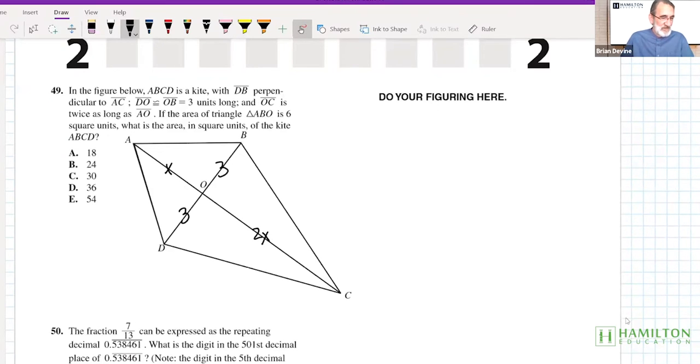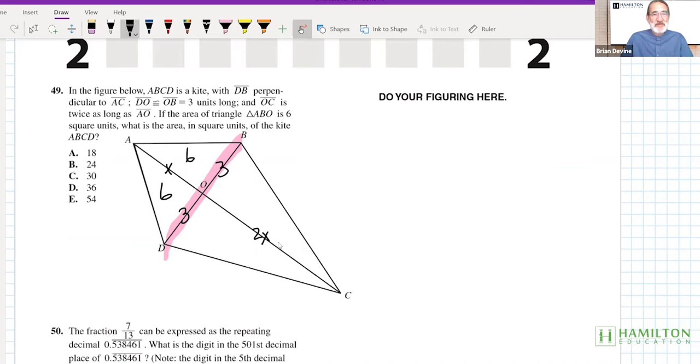What else did they tell me? The area of triangle ABO is 6, which means that this area must be 6. Now, I do know something right away, is that both these triangles share the same base. And the height of triangle DBC is twice the height of triangle ABD.